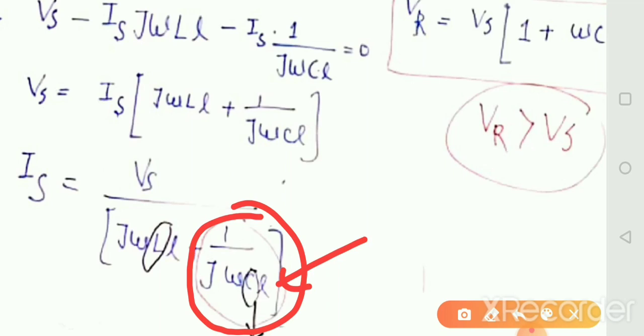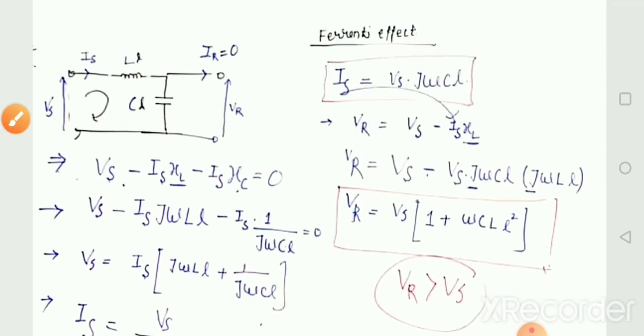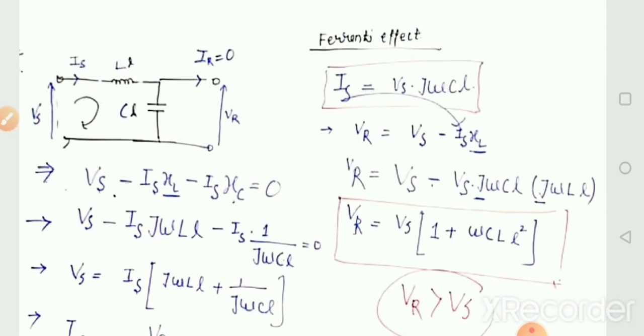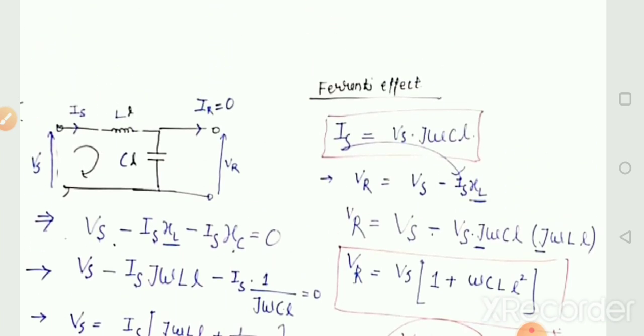If the value of this term is very high, then we can neglect the j omega L into l term, because the effect of this term is very less. So after that we can write Is equal to Vs into j omega c l.